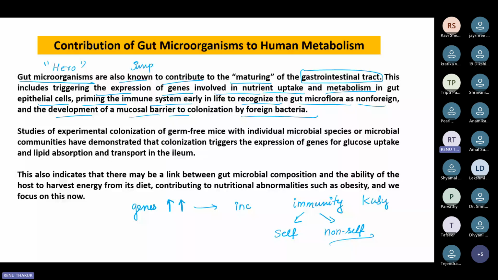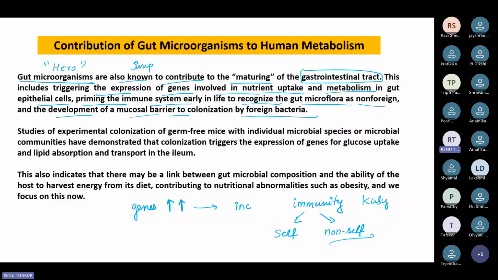So our gut microorganisms say that don't harm us. We are your friend. We are helping your gastrointestinal tract to convert the polysaccharide or the polymer into monomer, and we are helping you in every possible manner. So that hint is given by the microorganism to our immune system that don't consider us as non-self, we are non-foreign.